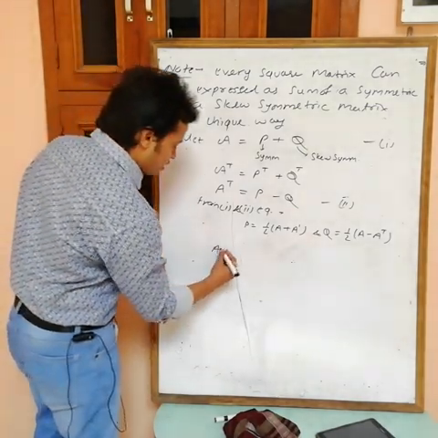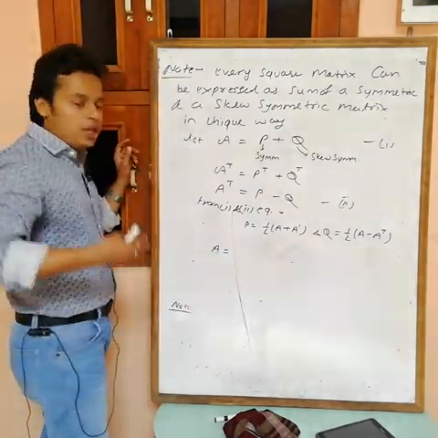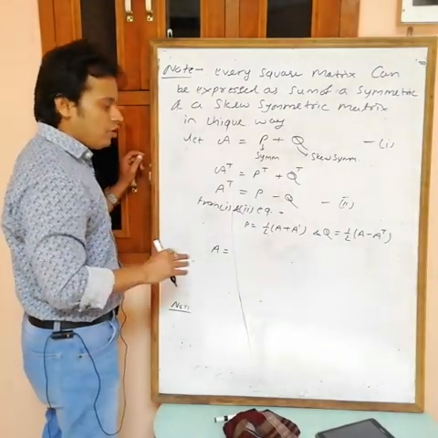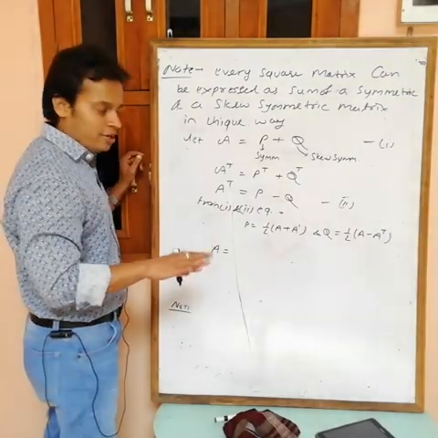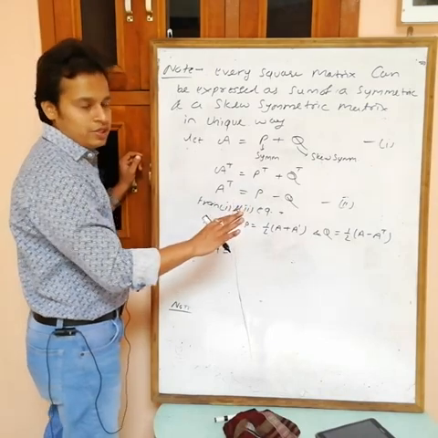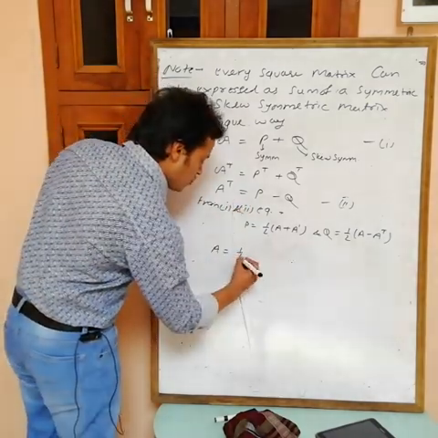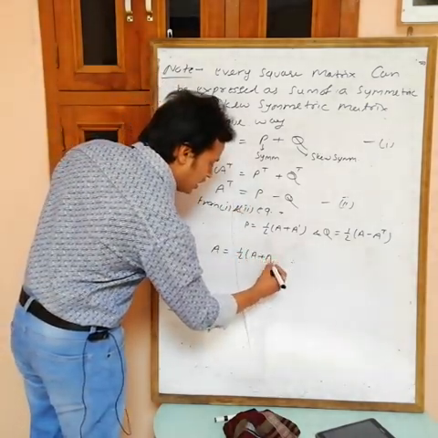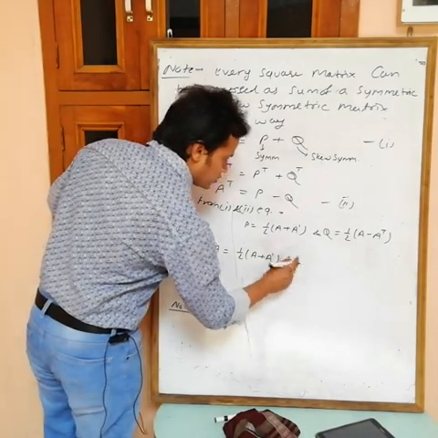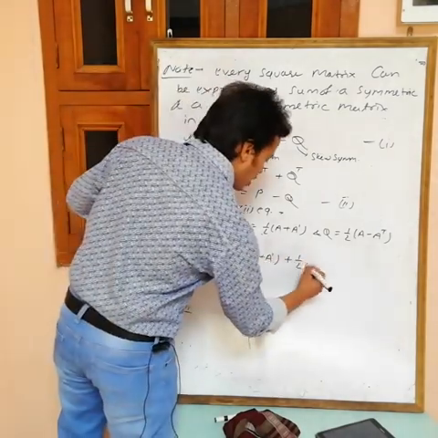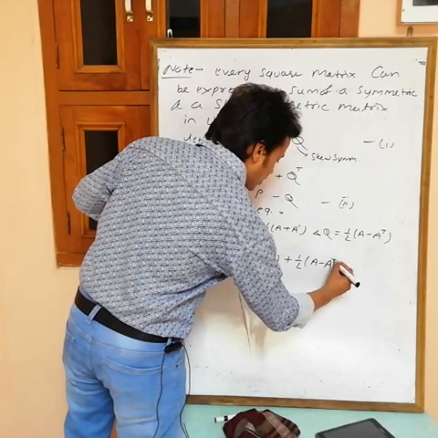So if you want to express any matrix A as a sum of a symmetric and a skew symmetric matrix, you have only this one as the option. A equals 1 by 2 (A plus A transpose) plus 1 by 2 (A minus A transpose).